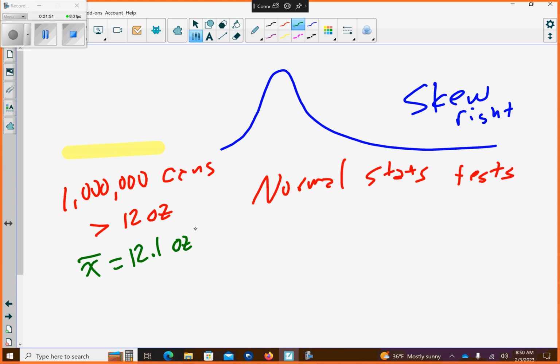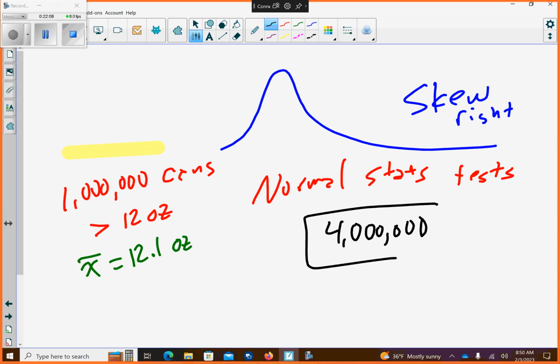So now Coca-Cola says, okay, this is what we're going to do. We're going to can 4 million cans of Coca-Cola and have all those cans just sitting on the floor of the warehouse before we put them on pallets. So they have 4 million cans sitting on the ground.